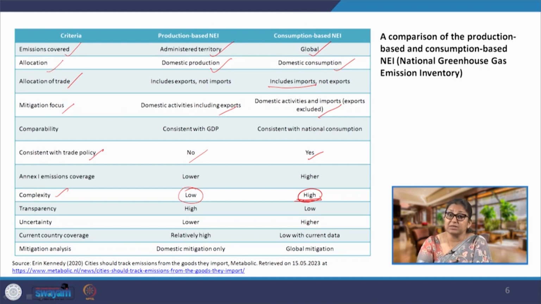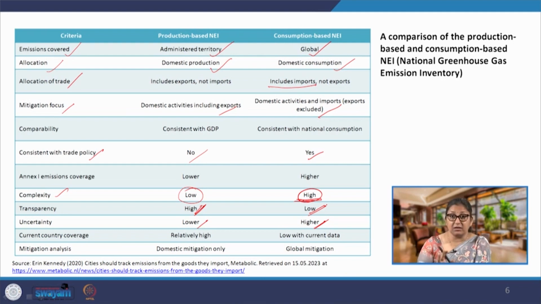Also looking at transparency, production based emission accounting has much higher transparency because there is greater control and it is easier to account for, while in case of consumption based it is much lower. And similarly, because the transparency and trust is higher, the uncertainties are lower in production based, while in consumption based the uncertainties are much higher. That is the reason why the world is going ahead with the production based emission calculations largely.